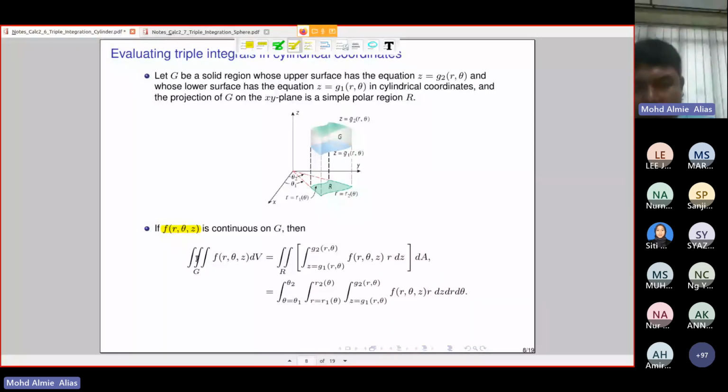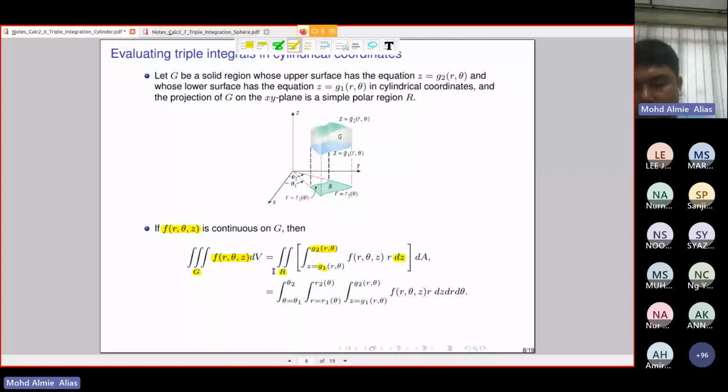Then the integration of f over solid G, which is the domain of integration, can be decomposed into an iterated integral, in which first you do integration with respect to z, where the lower limit is g1 and the upper limit is g2, which is the surface here, followed by a double integration over r.